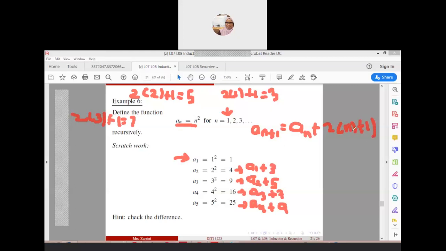Okay, this is our recursive step, which is if we put back a_{n+1}, when n is 2, it equals a1 plus 3. So when n is 3, it equals a2 plus 5. So we can check. We get back this one, and this one, and so on.